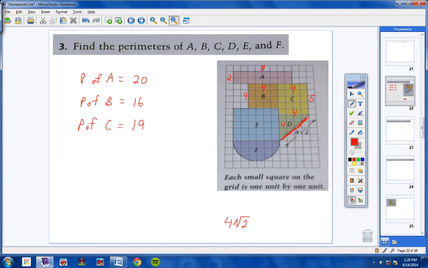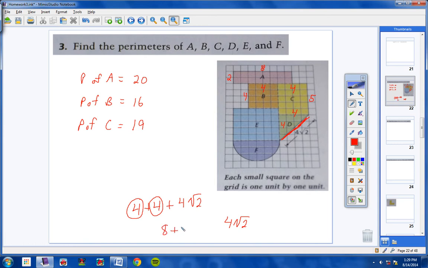Now watch carefully. Those of you who have just had Algebra 1, you might be a little weak with your radicals. Hopefully you Algebra 2 students are not. But if I add up all 3 of these sides, watch carefully, I have 4 plus 4 plus 4 square root of 2. Now, these two terms here are like terms. You can add those together and you will get 8.